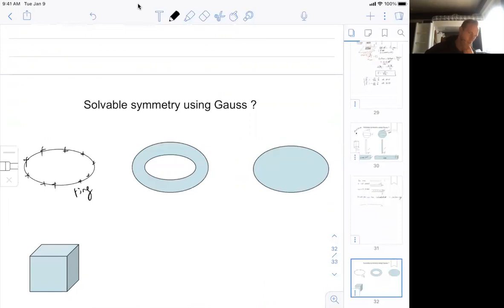First of all, in order for you to use Gauss's law, you should be able to find a surface where E has to be always parallel to dA on the surface, and E has to be constant on the surface. Can we find such a surface?